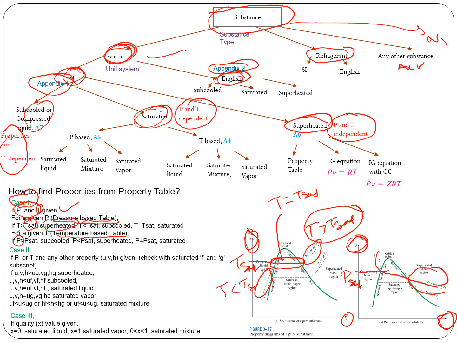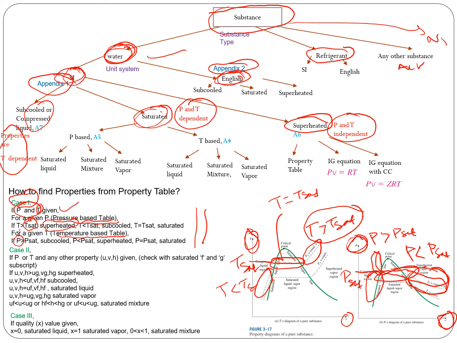In the superheated region, all these values of pressure are less than P saturation. Whereas in the subcooled region, P is always greater than P saturation. In the saturated region, P is equal to P saturation. So this is the first case.